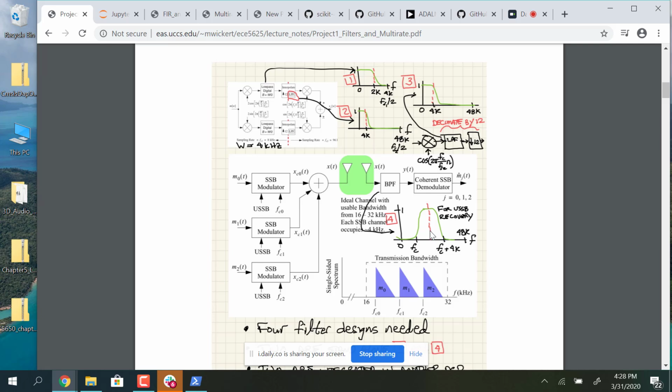In code, when you select which channel you want to receive, you design this filter on the fly. Suppose you want to receive M1. This filter is vital because if you don't put it in here, your coherent DMOD puts the carrier right here, and you want to get this signal back, but this other adjacent signal is sitting there acting like a lower sideband signal, when it's actually a completely different message.